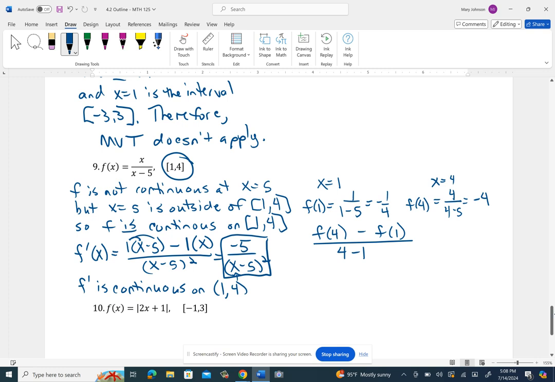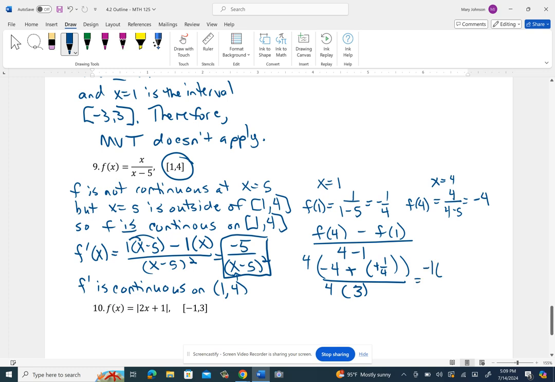Okay, so then f of 4 minus f of 1 over 4 minus 1. Okay, so that would be negative 4 minus a negative 1/4 over 3. Okay, so that's negative 4 plus 1/4 over 3. Right, let me get rid of that little fraction by multiplying the top and bottom by 4.